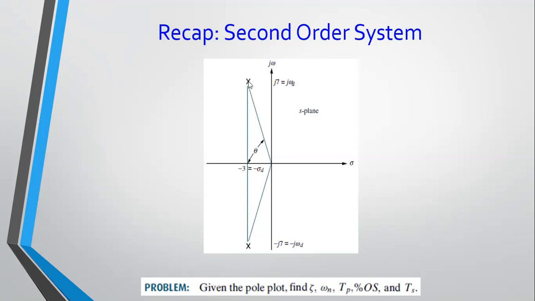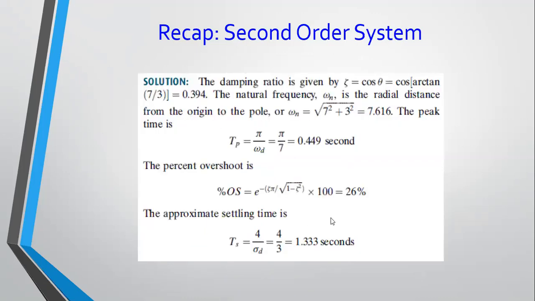Your peak time is simply pi over 7 here, because your damped natural frequency is 7, and your settling time is 4 over sigma d. Your sigma d in this case is 3, so it's going to be 4 over 3. Very simple calculations, and like I said earlier, it's a basic graphical method. We can very quickly calculate these transient response parameters.